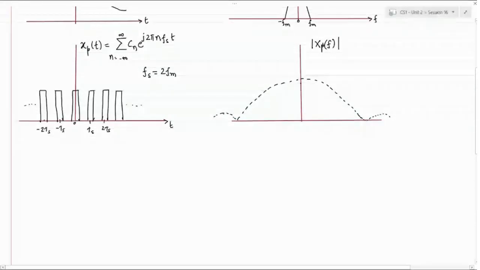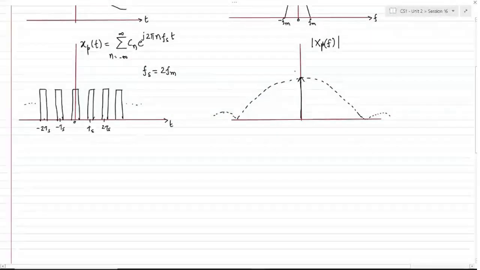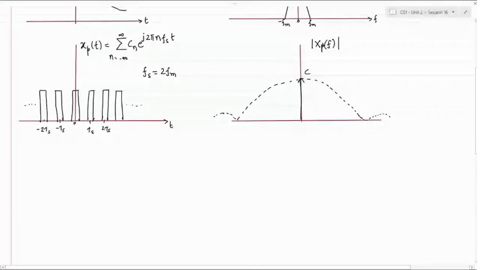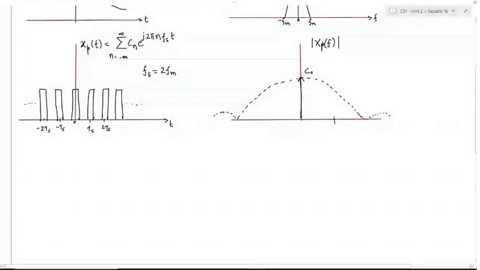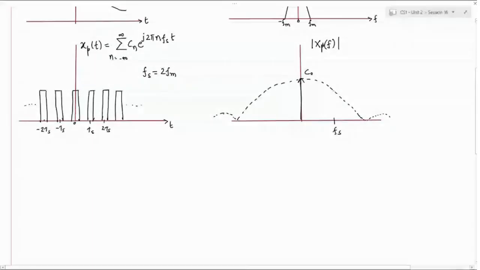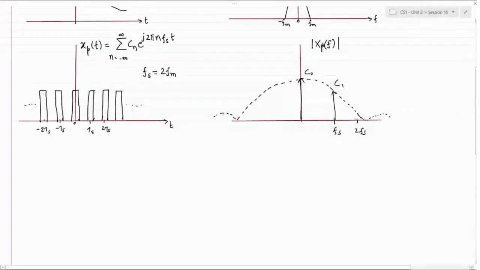So C naught will have this value. So this is your C naught. Somewhere at Fs, since you have taken Fs, you will have C1. You have taken 2Fs, somewhere you will have C2.